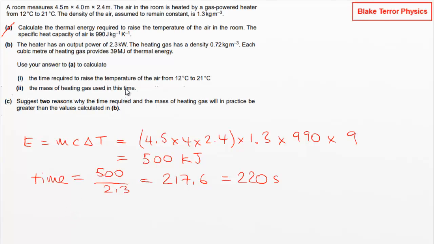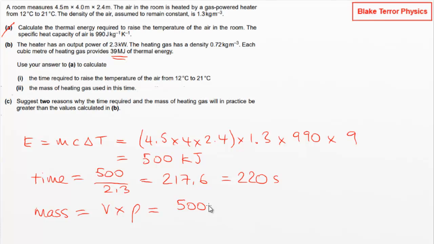Then we need the mass of the heating gas used in that time. Right, so what have they told us? We're getting that amount of energy per cubic meter. So we need the volume of gas, and then we need to multiply it by the density. So the mass is equal to the volume times the density, and the volume is going to be, well, what do we have, 500 kilojoules.